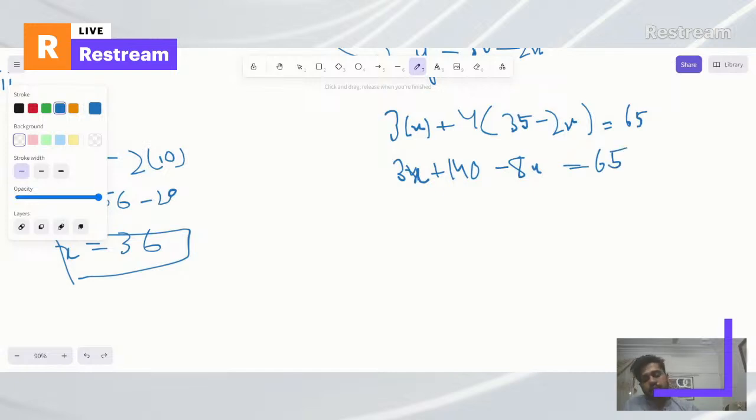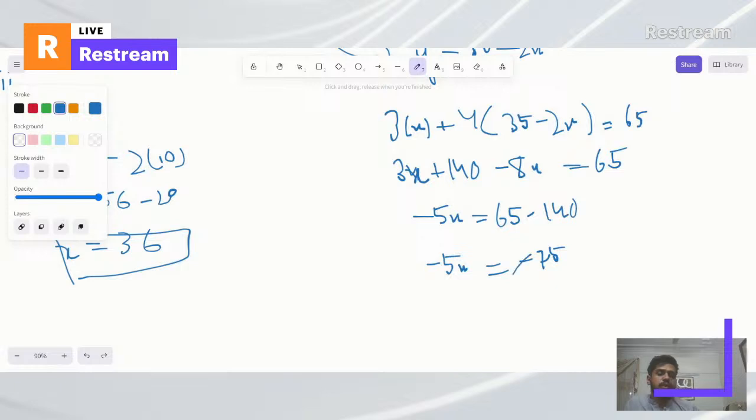So negative 8x plus 3x becomes negative 5x, and 140 goes to the other side, so 65 minus 140 equals negative 75, right?